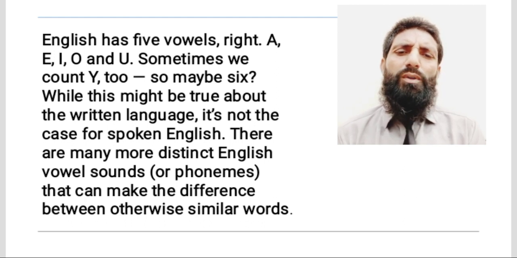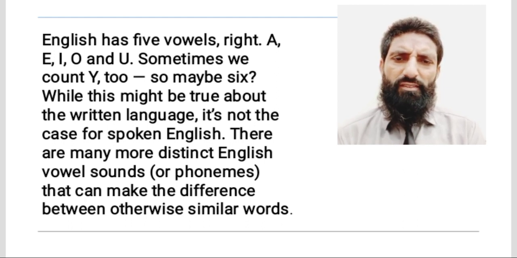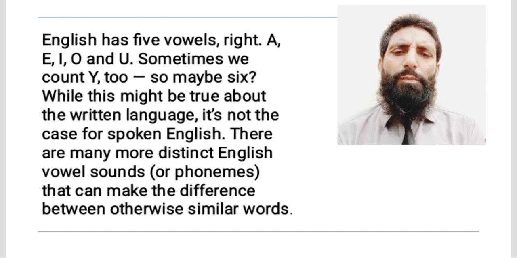There are many more distinct English vowel sounds, or phonemes. A phoneme is the unit: a single sound in phonology and phonetics that can make the difference between otherwise similar words.